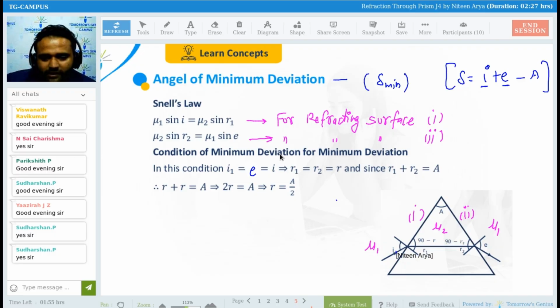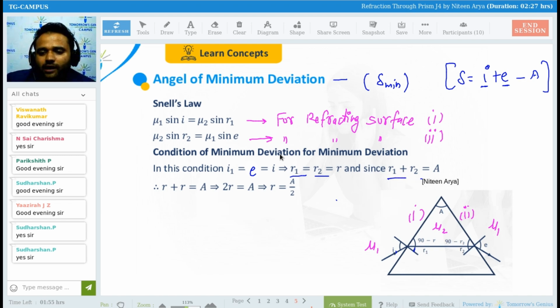Is this clear? So when the angle of incidence I1 equals E, we simply put I, angle of incidence, and R1 and R2 are going to be R. The angle of refraction from the first surface and the angle of refraction from the second surface, or you can say the angle of incidence for the second surface, are going to be equal.